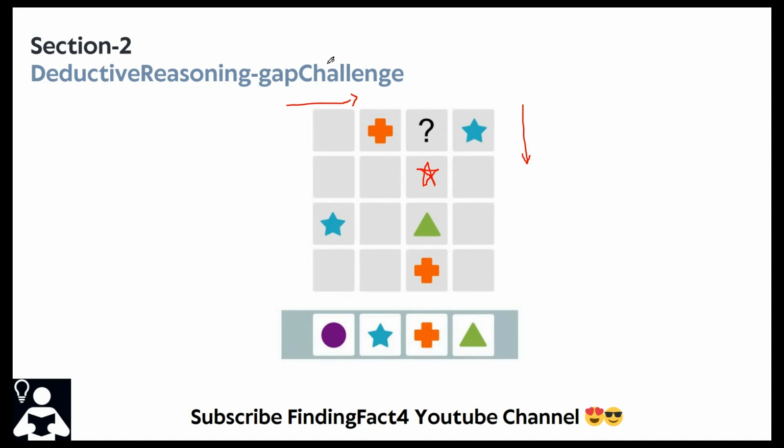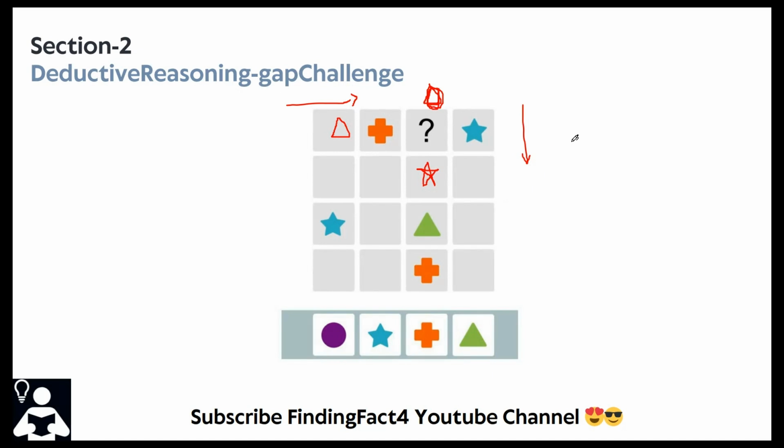As a star is already here and triangle is present over here, then what's the remaining? Plus, triangle, star, oh sorry, circle over here. As a triangle is already present over here, the remaining is triangle. We need to fill here with a triangle and circle over here. That's it. This is the easiest.